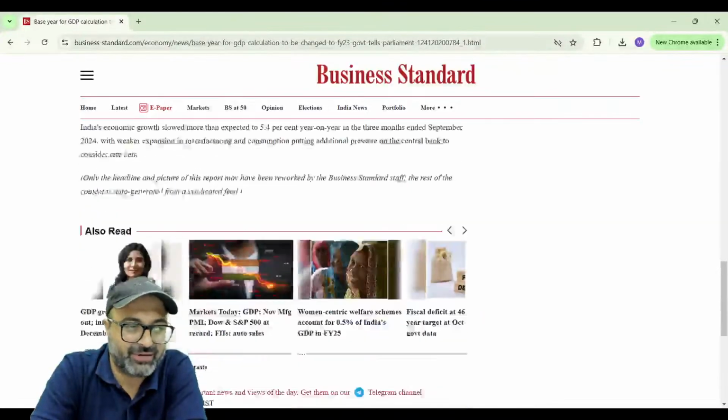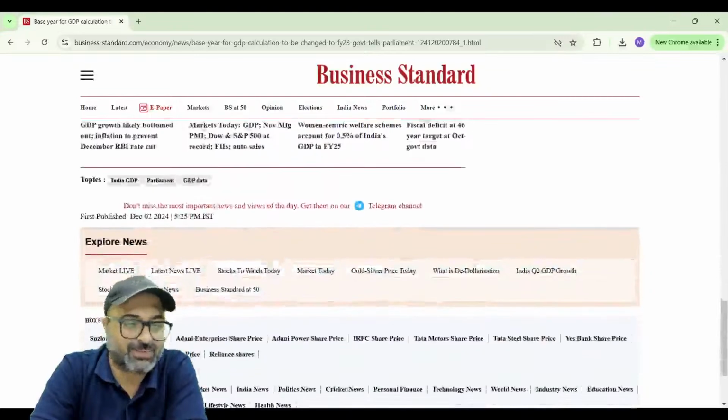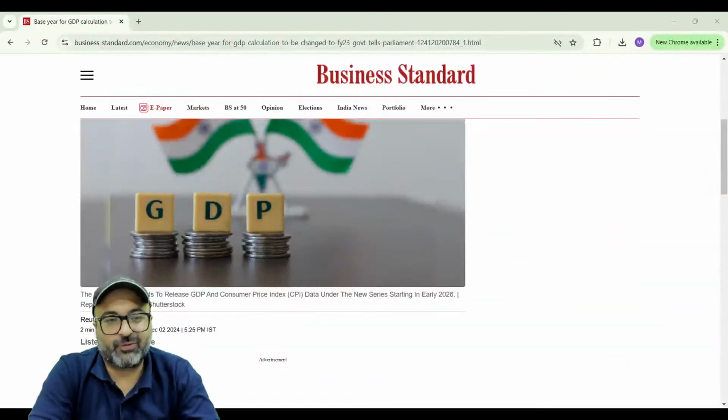Is it clear, everyone? The government intends to release GDP and CPI data under the new series starting in early 2026. So this is all the information present. We are waiting for much more information on the same so that we can discuss this in much more detail.